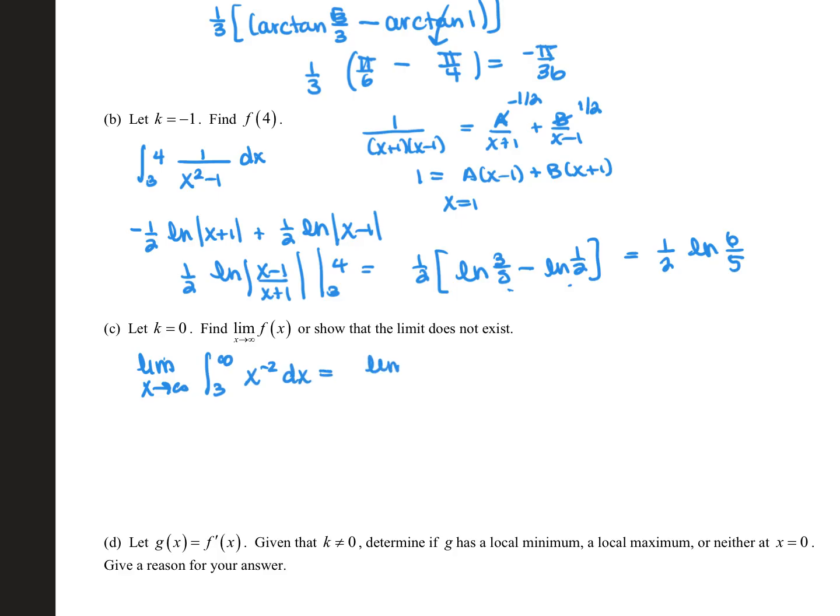So when we integrate that, we're going to get -1 over x. Plugging in our values, this is supposed to be b. We're going to get the limit as b goes to infinity of -1 over b plus 1/3. As b goes to infinity, that goes to 0, so this is 1/3. So that limit does exist.